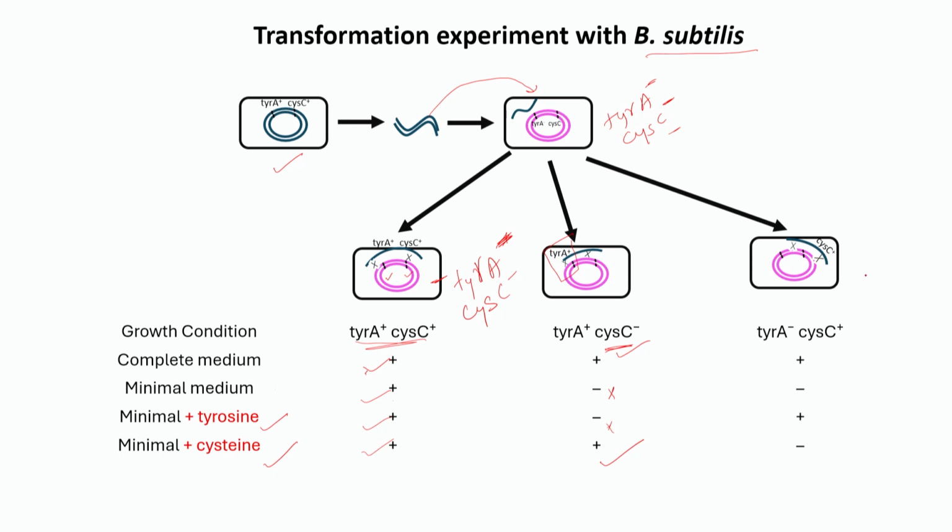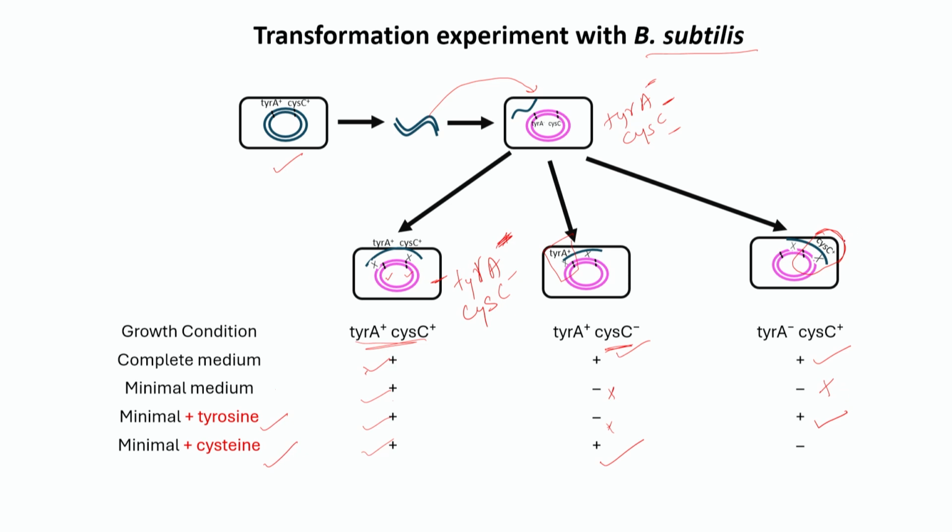On the other hand, same example, if the bacterial cell only gets a chance to recombine the cysteine, the recombination can only happen between cysteine plus and cysteine minus, then it will grow on complete media, as all the cells are growing. It will not grow on minimum media because it does not have tyrosine. It will grow now on a media where you have supplemented tyrosine.